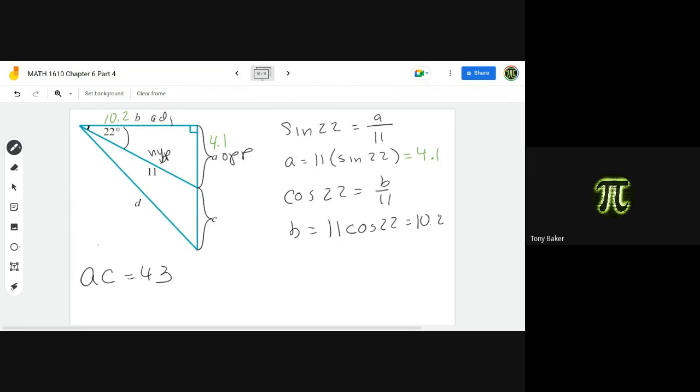So now that I found A, I can use that information to find C. So I know that 4.1 times C equals 43. So C equals 43 divided by 4.1. And I get 10.5 for this one. And that's C.